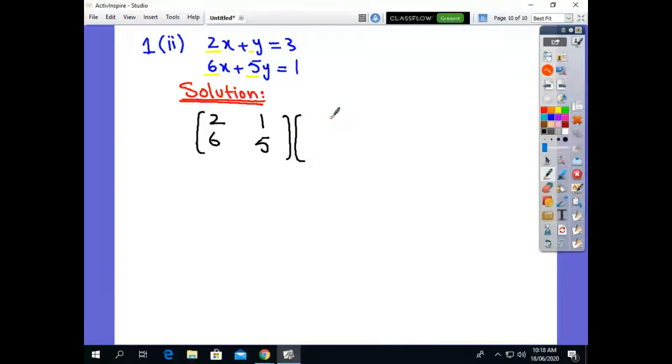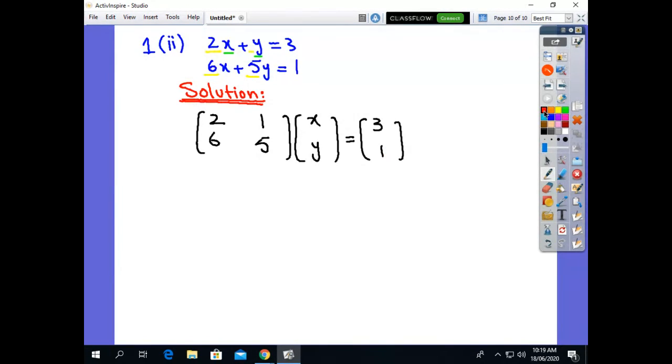Now here we see the two variables are x and y. That's why we write here x, y. There is an equality sign between them, and the values on the other side are 3 and 1. We convert the above two simultaneous equations into matrix form.